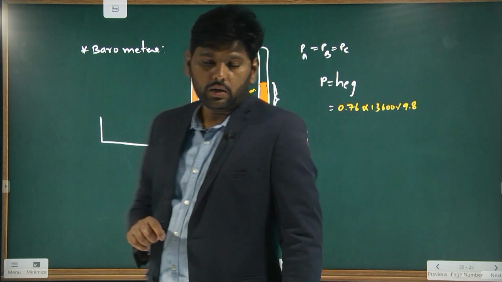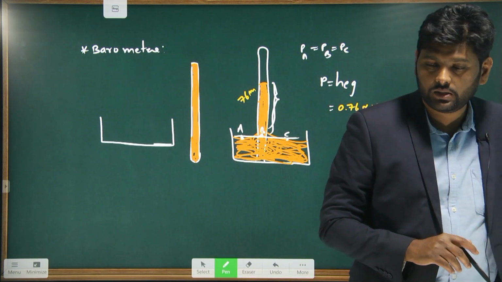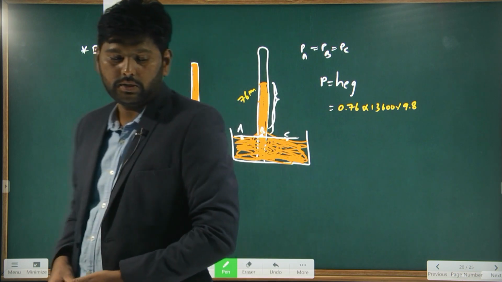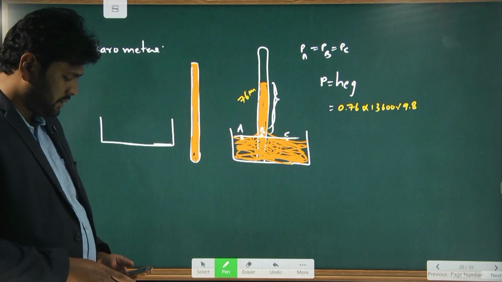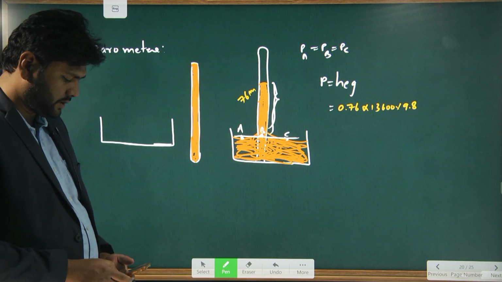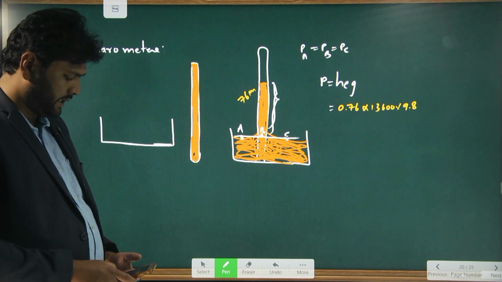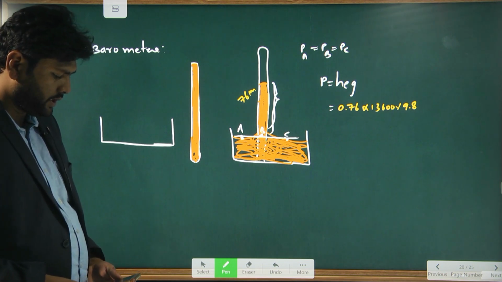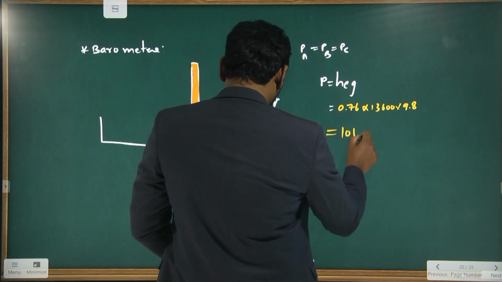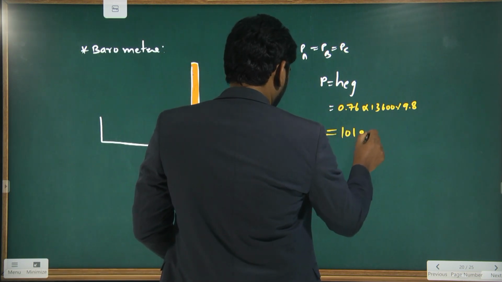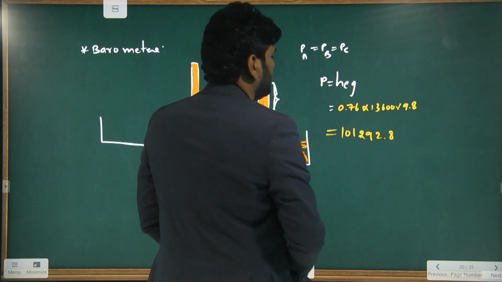Multiply all these: 0.76 into 13600 into 9.8. So totally how much? 101292.8. This is the value.